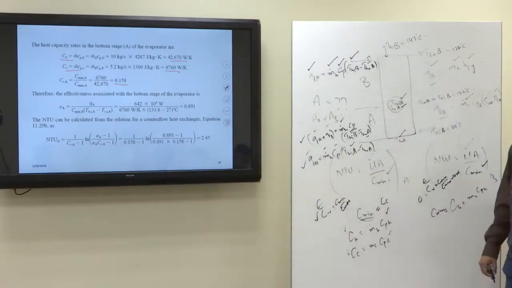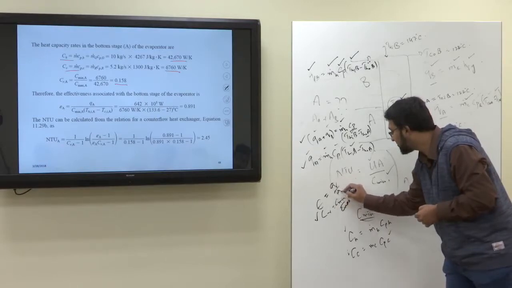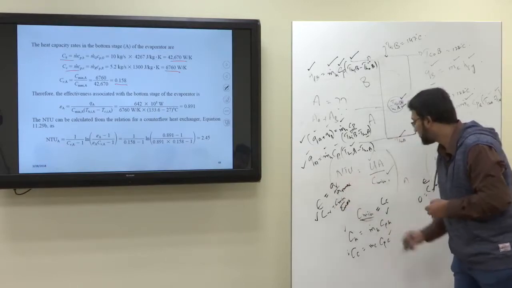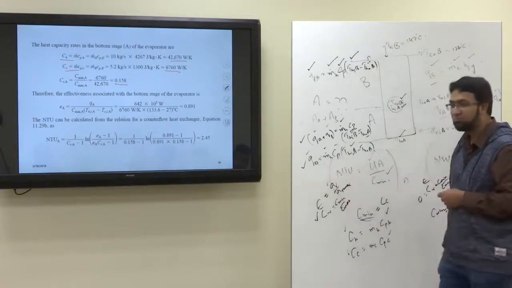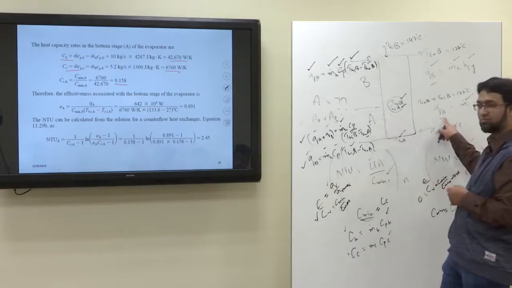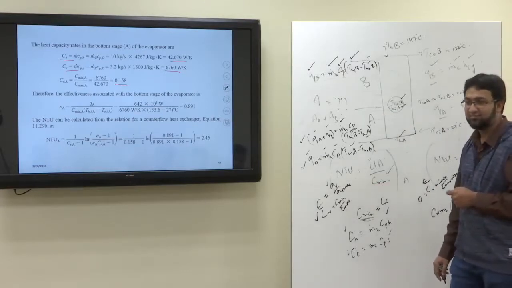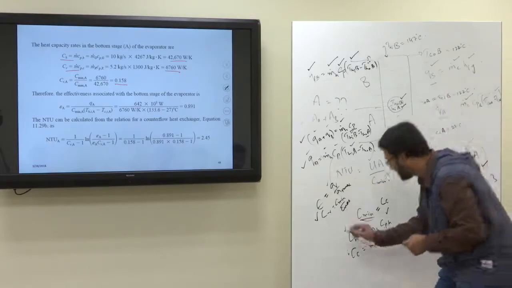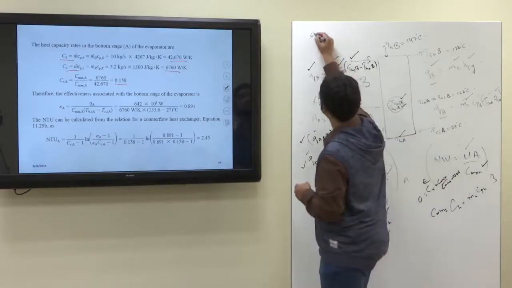Is it clear? Talk about effectiveness. Effectiveness is Q upon Q max. So for section A, QA is known. What about Q max?